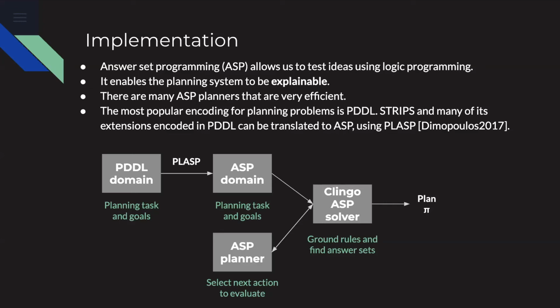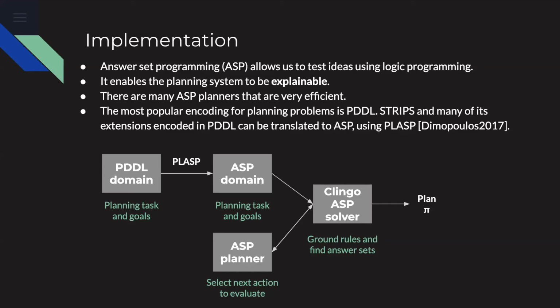There are many ASP planners that are very efficient, and in particular, we are interested in the planning ASP literature because, for example, we can see that a STRIPS domain encoded in PDDL, which is the main language for encoding planning problems, can be directly translated into ASP using, for example, plasp.